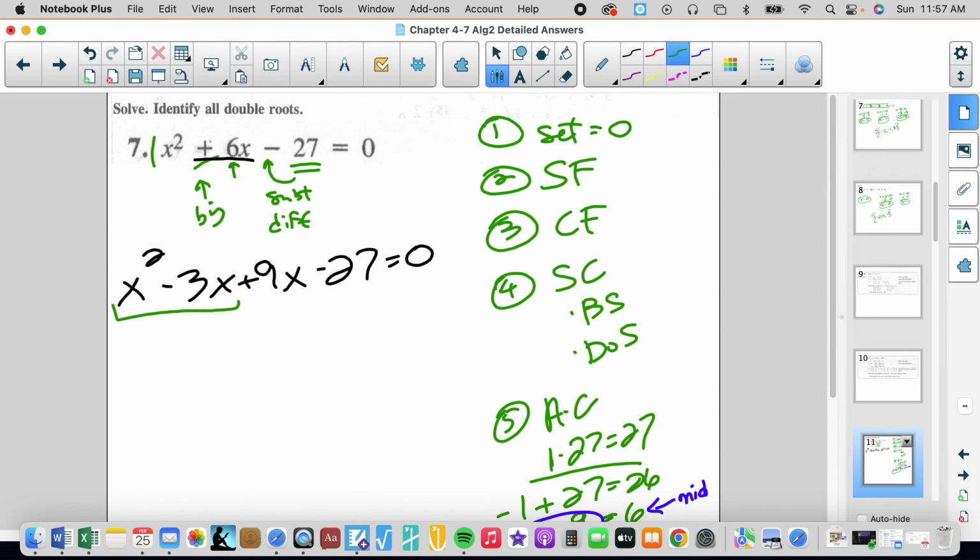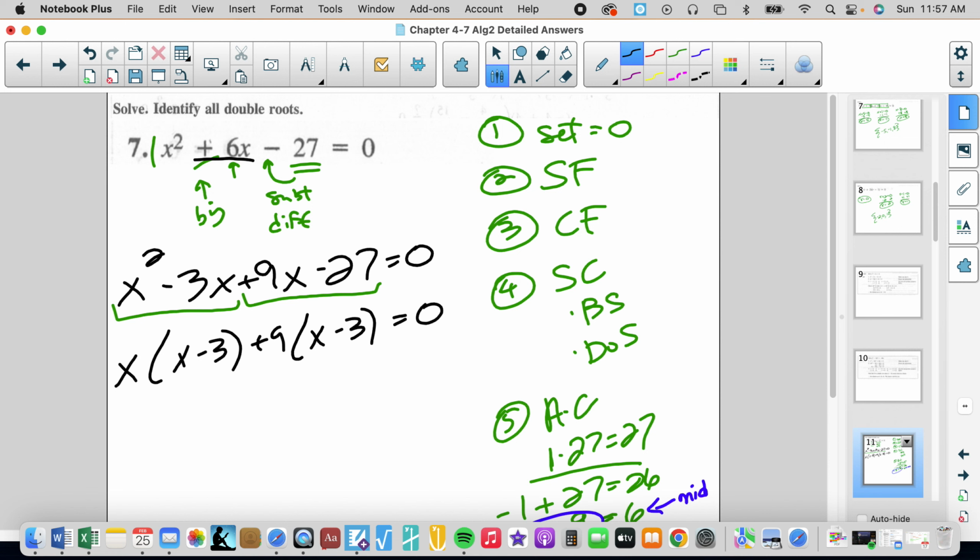I'm going to group the first 2 and the second 2. We can factor out an x. You get x minus 3. We're going to factor out a 9. We get x minus 3. I know I did it right because those in the parentheses are the same. I'm going to pull that out, and what are we left with? X plus 9 equals 0.